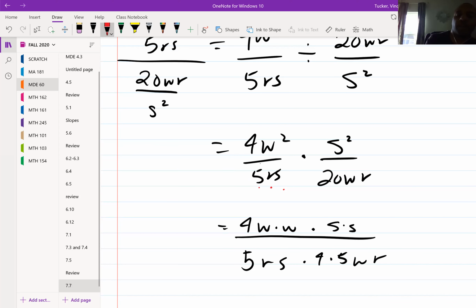Cancel out what's common with top and bottom. So we have 1 w that can cancel, a 4 that can cancel, and an s that can cancel.